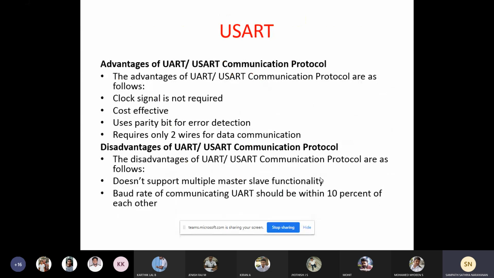Some of the advantages of USART are that the clock signal is not required, so there is no need to know the speed at which the data is transmitted. Very cost effective because it uses only 2 pairs of wires, and then uses parity bits for error detection.